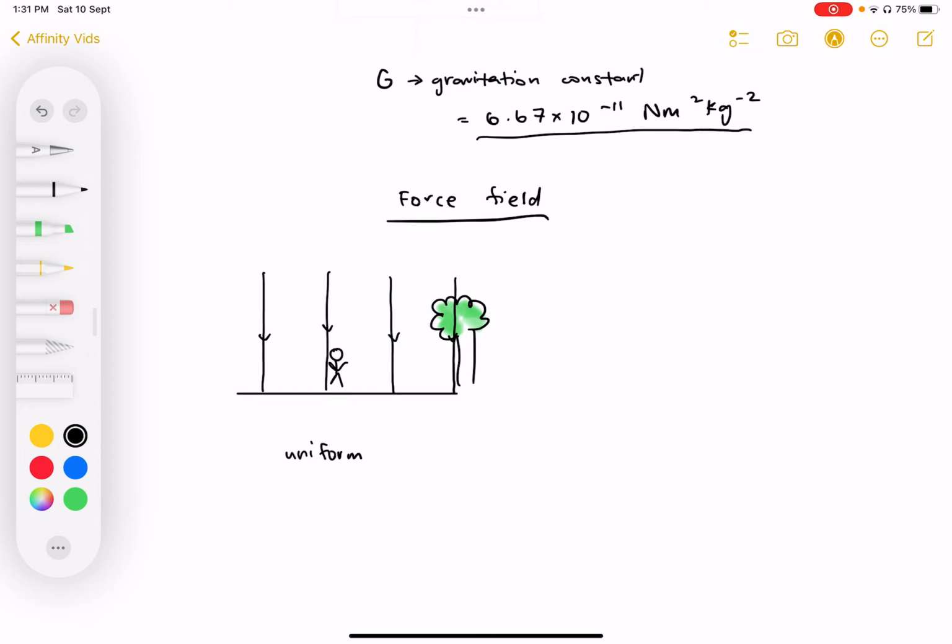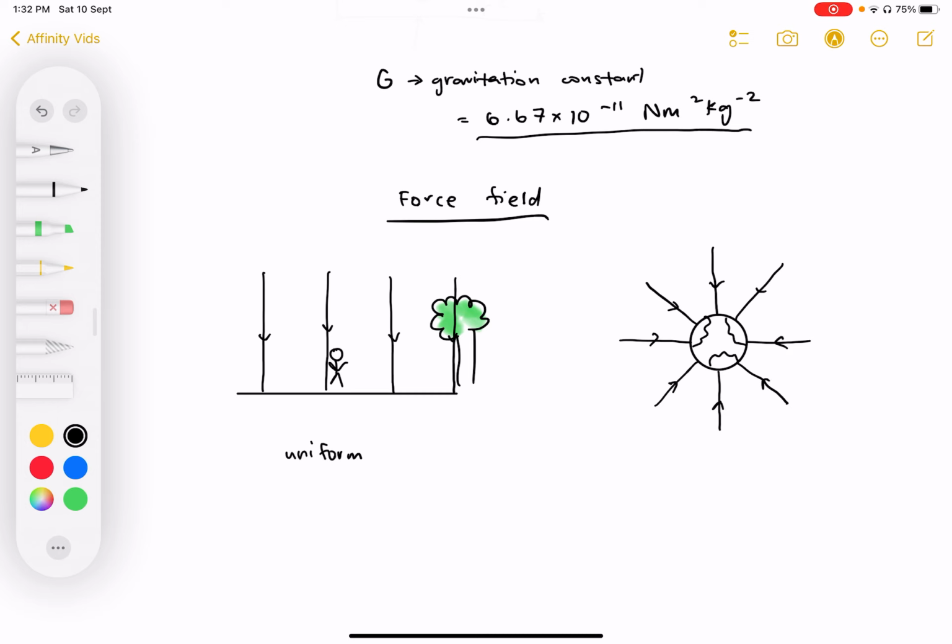Another type of field that we have is a radial field. And so now let's think about the Earth on a larger scale, interacting with other planetary objects. The way that this would actually look is something like this, where basically we have a radial field over here.